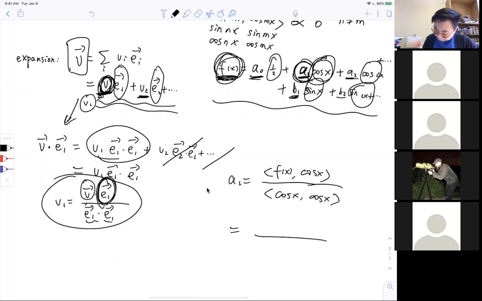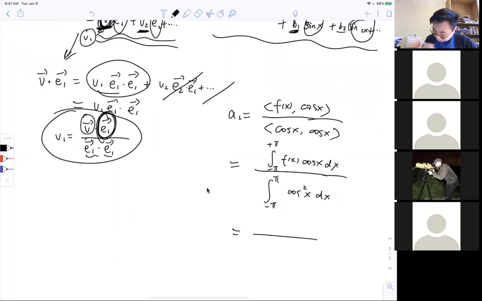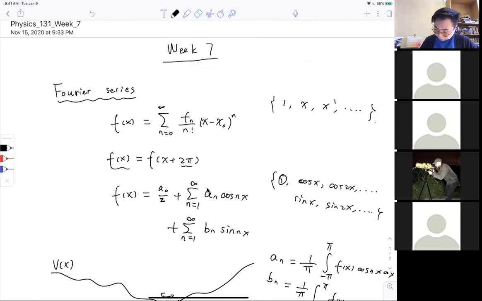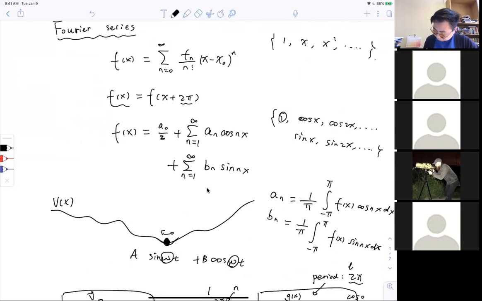If you write it down, it's the integral from minus pi to pi of f(x) cosine x dx, divided by the integral from minus pi to pi of cosine squared x dx. This is actually what we wrote down before, which is pi. Remember, this is what we wrote down here.